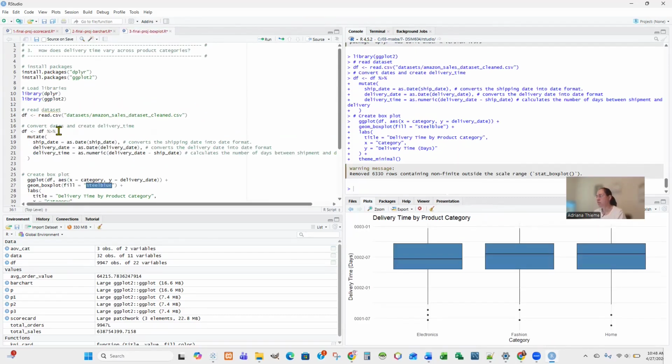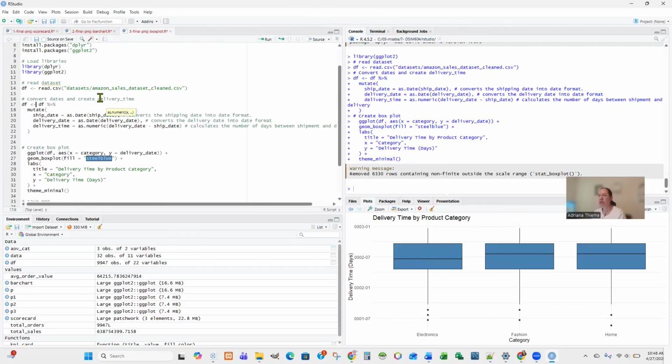My third chart is the delivery time by product category and answers the question, how does delivery time vary across product categories? So for this chart, I am converting the dates into date and time format so we can calculate the number of days between delivery time and ship time for each one of the categories.